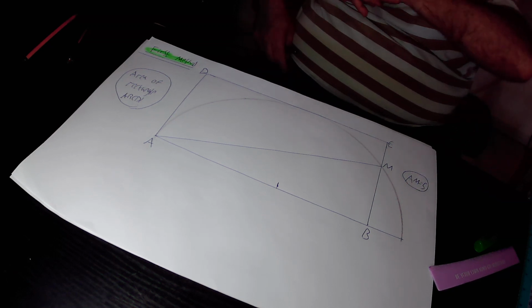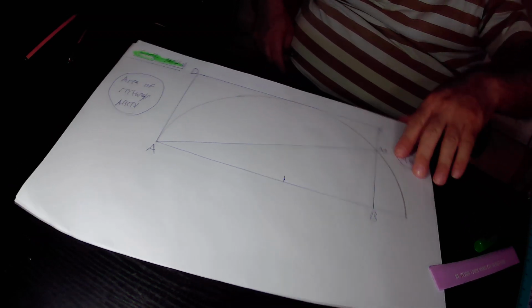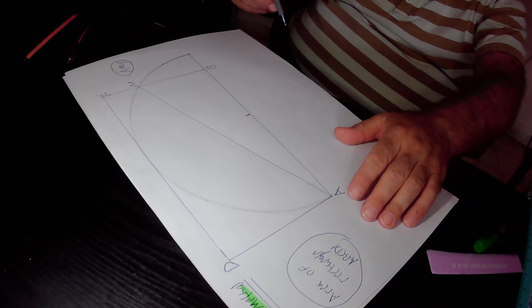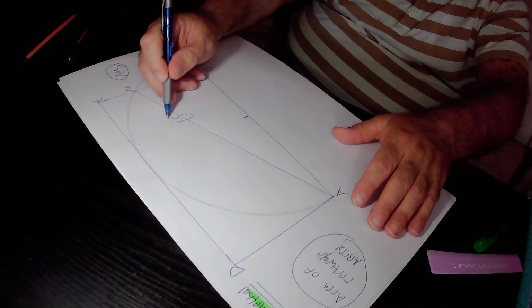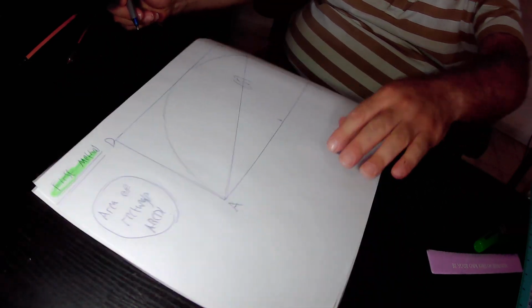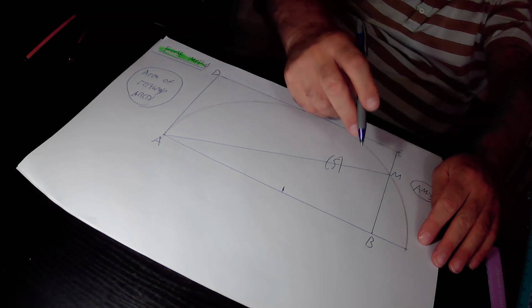So at the moment we have rectangle ABCD and we also have this semicircle. It is given in the question that the length of chord AM is 5 units.